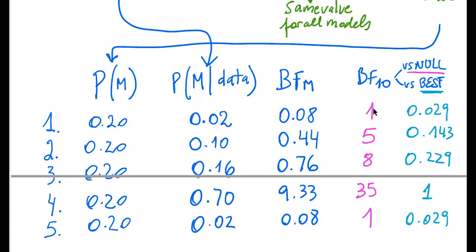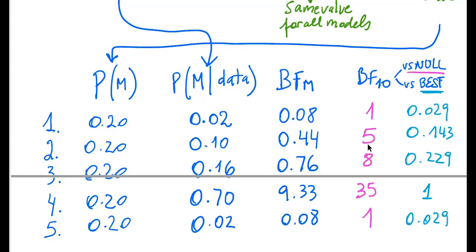So here in this column we have all comparisons of the model in the row versus the null model. Okay, so BF10 here is 1 because it's the same model. It's model null versus model null. Well, the probabilities are the same, so the ratio is 1.